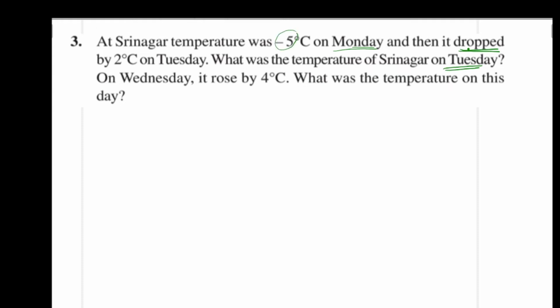Then it is decreased by 2 degree. So then you have to find out the temperature of Srinagar on Tuesday. Again, on Wednesday it rose by 4 degrees Celsius. Rose is the past tense of raise. Okay, so that means it is increased. Dropped means decreased. Rose means increased. What is the temperature on this day?